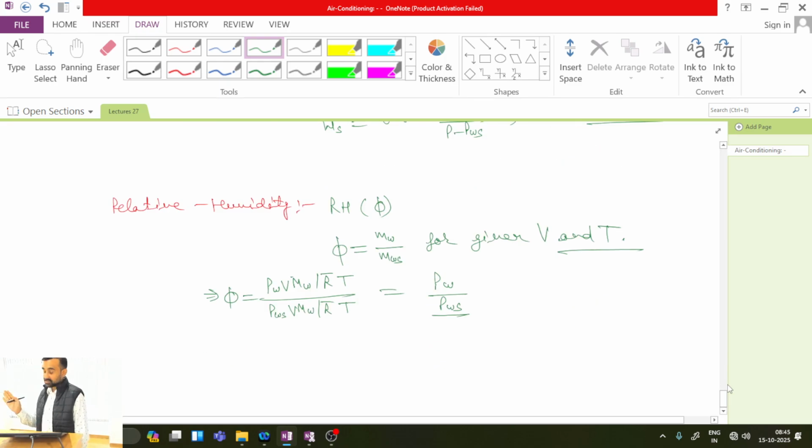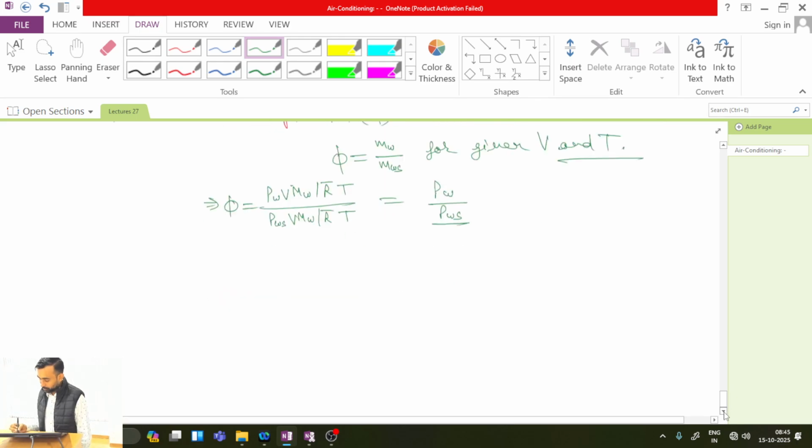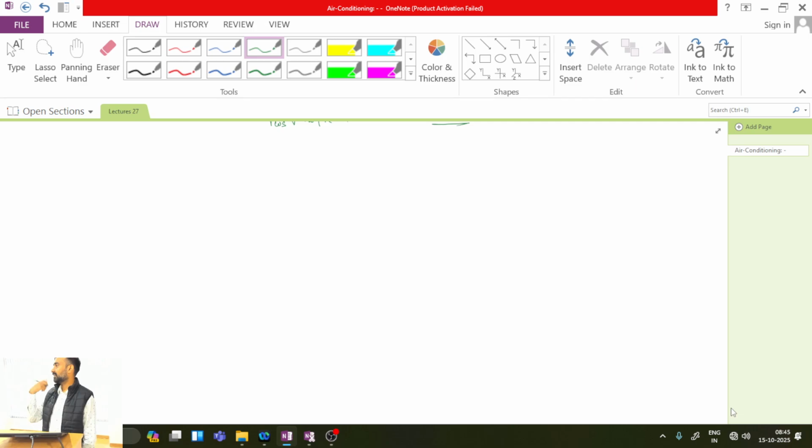Okay, so we discussed three things: specific humidity, degree of saturation, and relative humidity. I also introduced one very important parameter which is called dew point, and I told you that I will once again come back to that diagram.